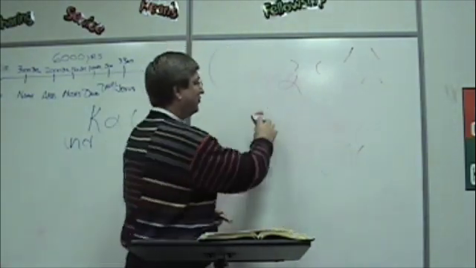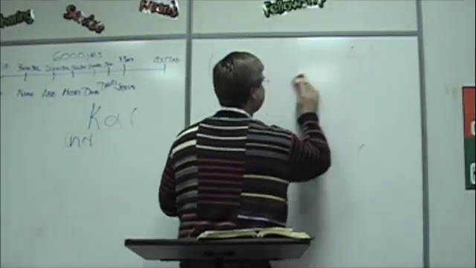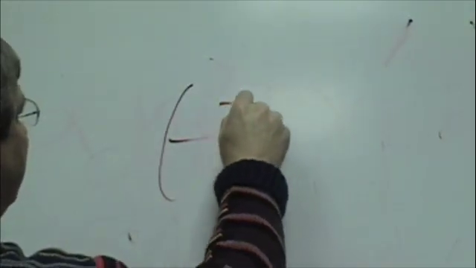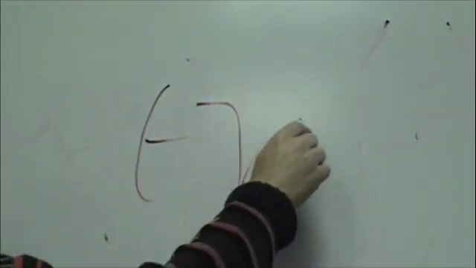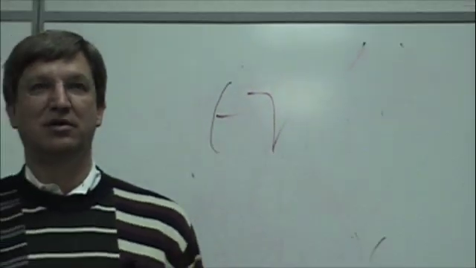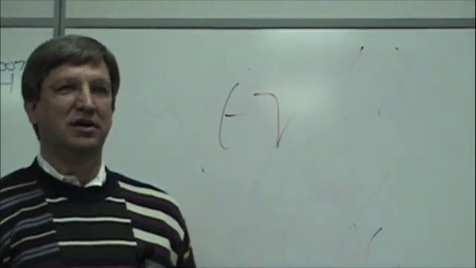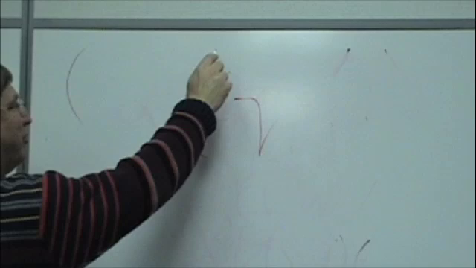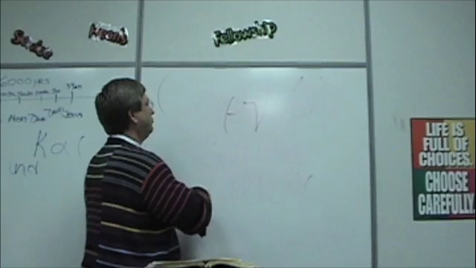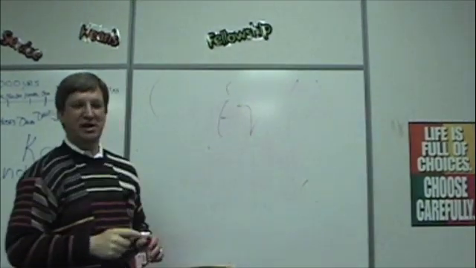So if you're just looking at this word, epsilon nu, how would you pronounce that word? If it has the smooth breathing, you pronounce it "in." If it has a rough breathing, you pronounce it "hin."